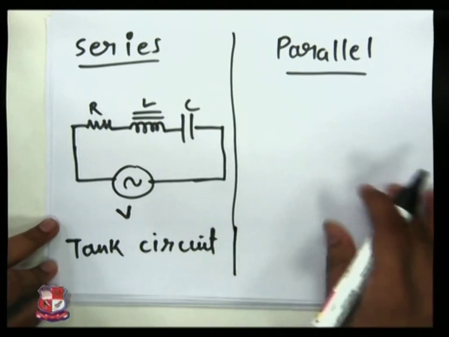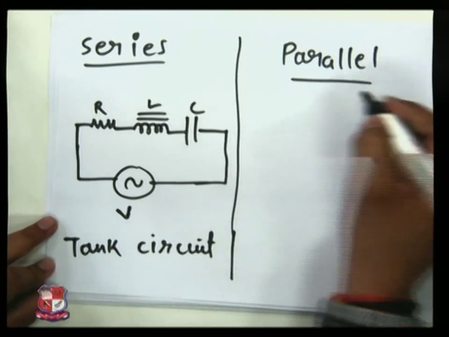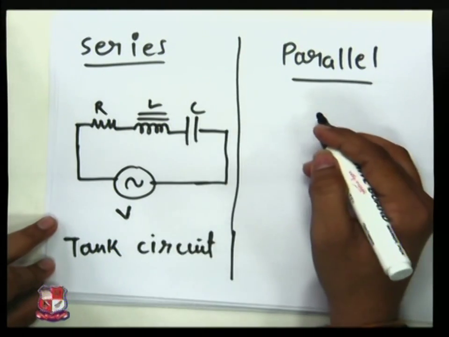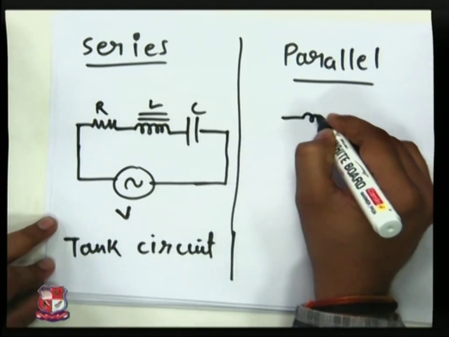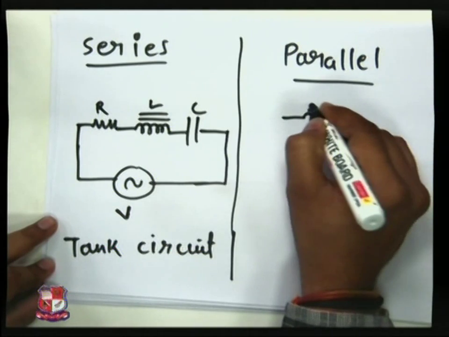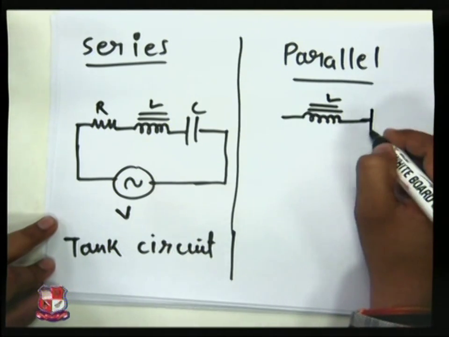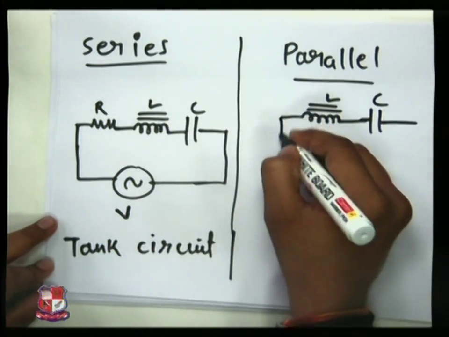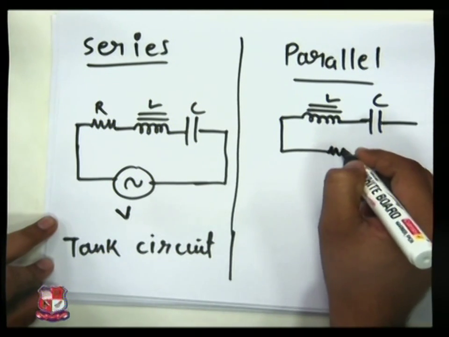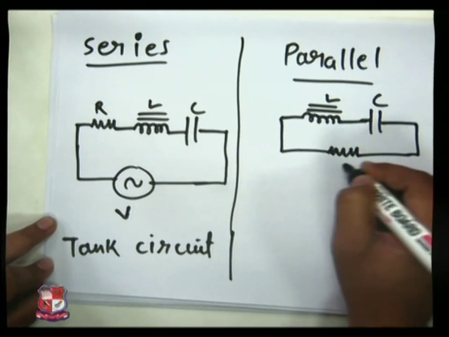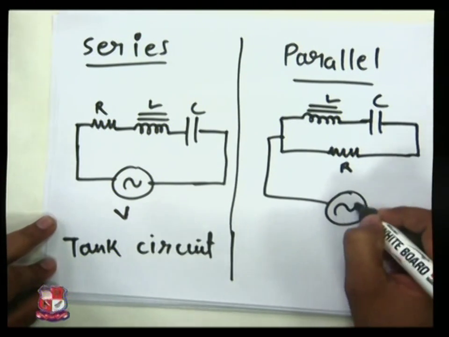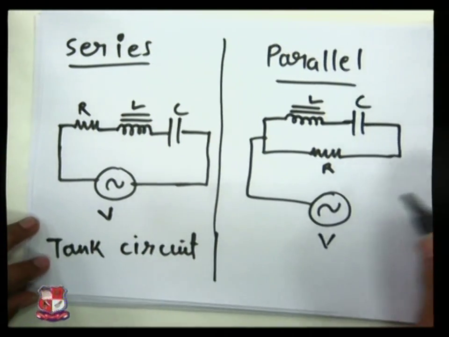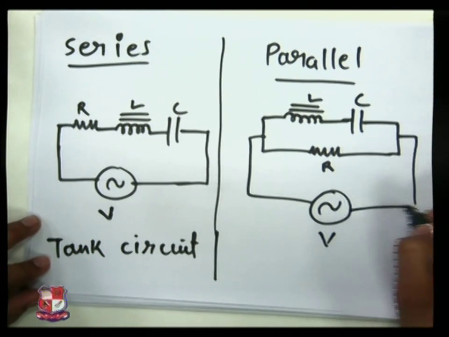And same here, by connecting these components in a parallel form, you get the parallel resonance circuit, such that L and C are connected in parallel with R, and the voltage V is applied to that circuit.